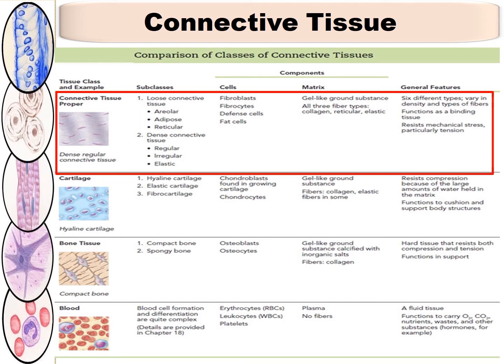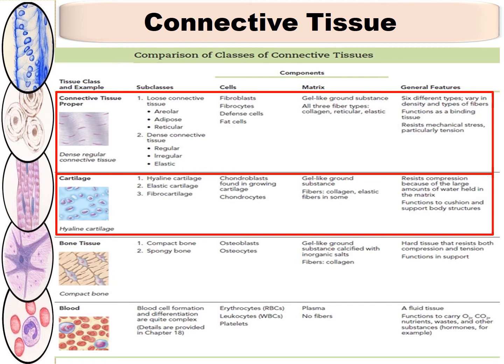It resists mechanical stress, particularly tension. Then the second type of connective tissue is the cartilage. The cartilage is further subcategorized into three categories.